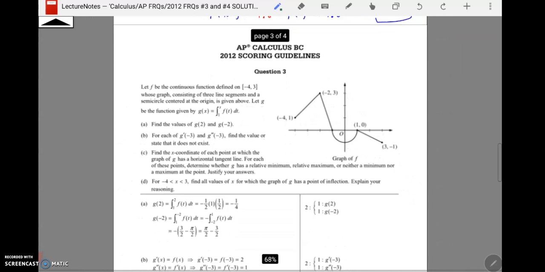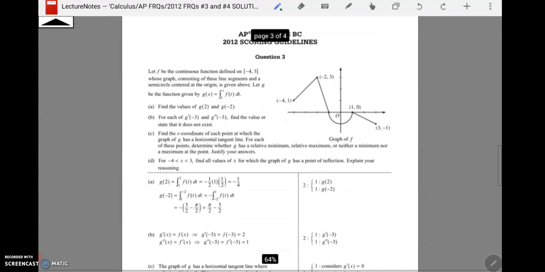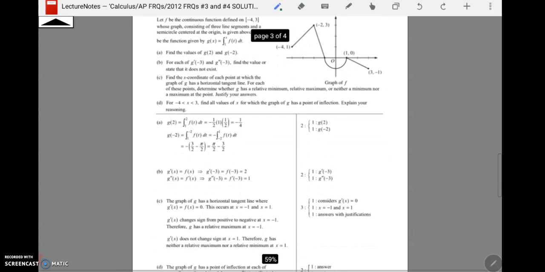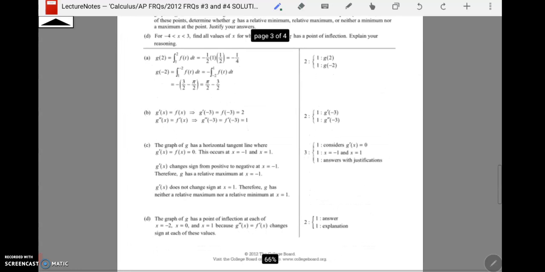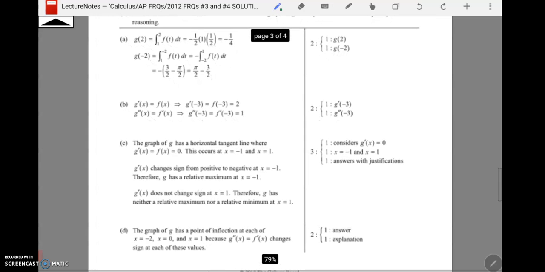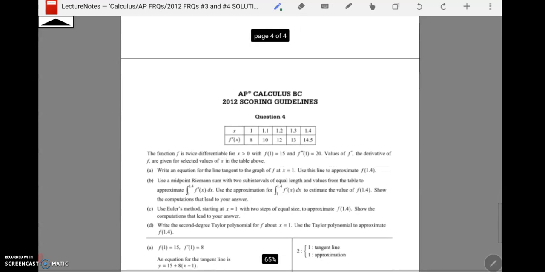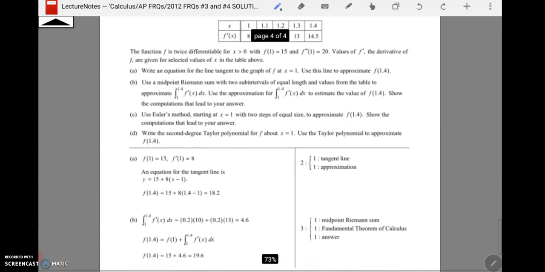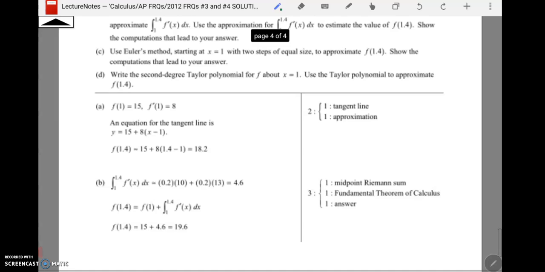What I did save at the end of this file, and I can post this PDF as well as these videos, are the guidelines for the scoring rubric. So this was question 3 that we already did in the other video. You see it's 2, 2, 3, 2 for A, B, C, and D. And then the questions we just went over from question 4: you got 2 points for part A. The tangent line was 1 point, and approximating f of 1.4 using the tangent line was also 1 point.